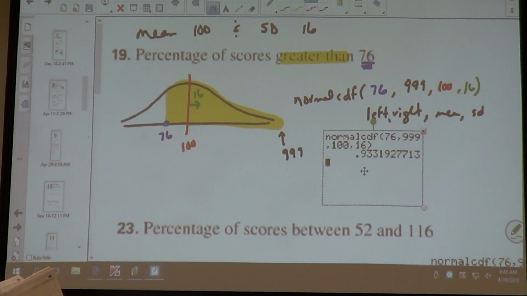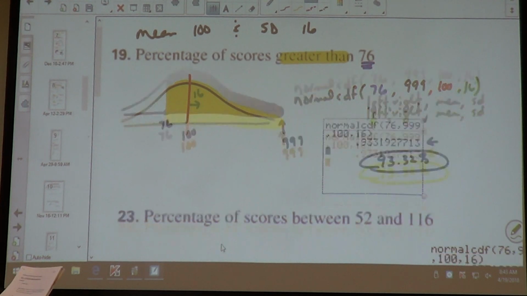So your answer should be 93.32%. And we know it's going to be greater than 50% because more than half is shaded.